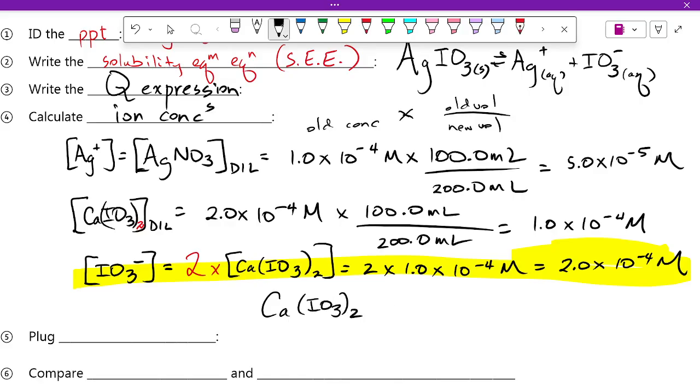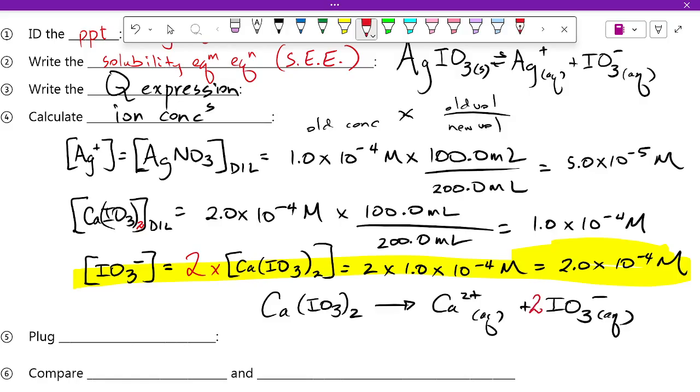You can say, I've got Ca(IO3)2. Sorry, that should be a one-way arrow because it's completely soluble. And that gives us Ca2+ aqueous plus IO3- aqueous, and we have a coefficient of 2.